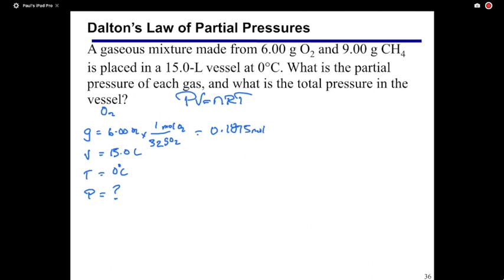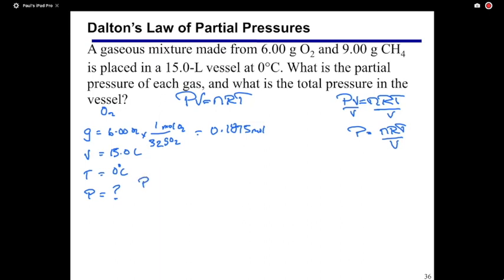All right. Okay. So, what am I solving for? Pressure. N RT over V. All right.